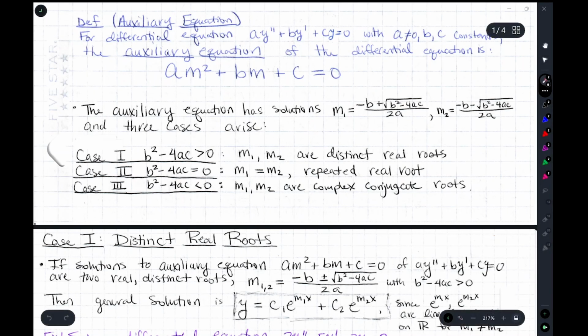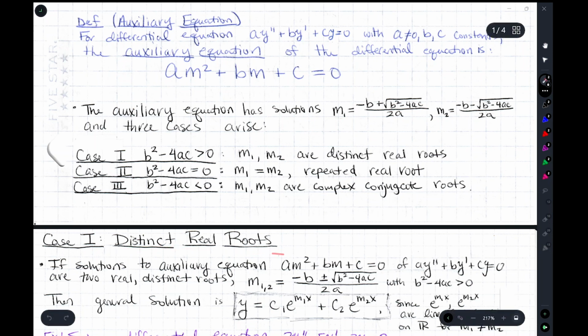So recall that a second order linear homogeneous differential equation with constant coefficients has the auxiliary equation that we see here, and that when we solve it, we are left with three different cases depending on what's inside the square root.